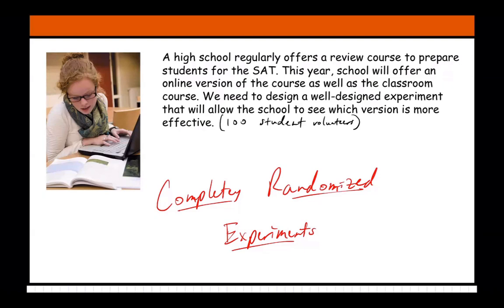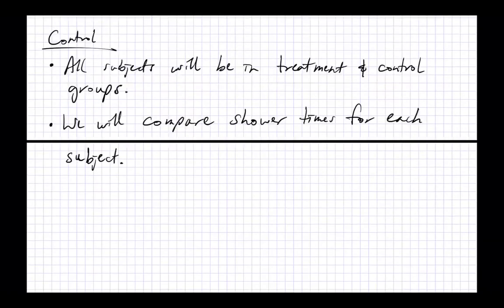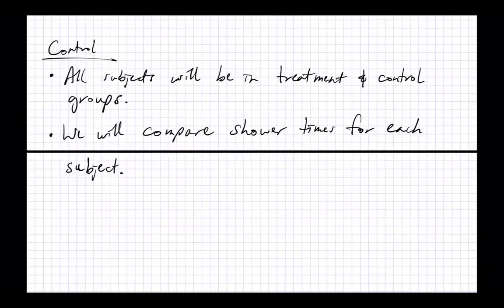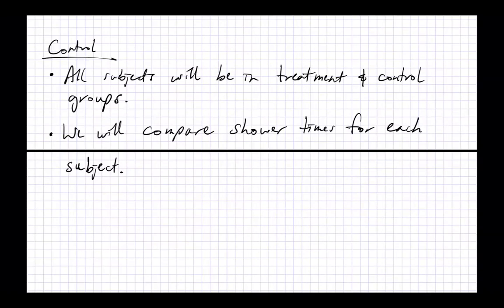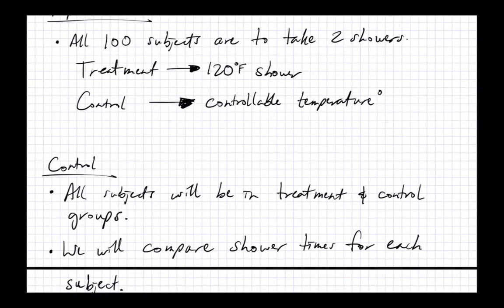It wasn't possible in this one because they would know which class they're in, the online or the in class. But yes, we could. And if we were doing blinding, we would explain it under the control. All right, I think that's about it for that one.